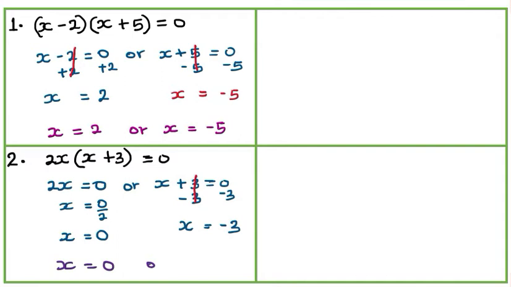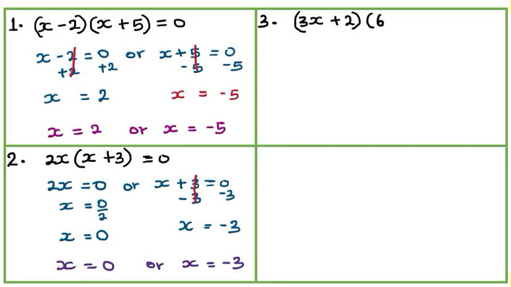Let's move on. We get another example. So let's have 3x plus 2 into 6x minus 7 is equal to 0.